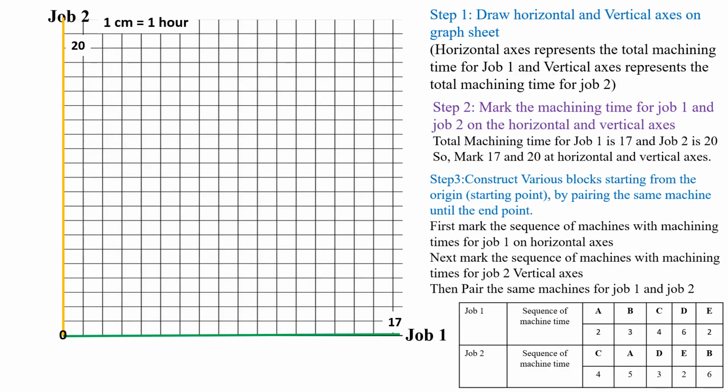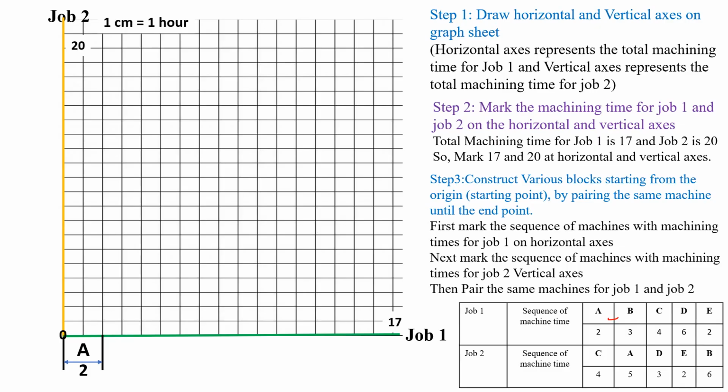First machine is machine A and machining time is 2 hours for job 1. So we mark machine A on the horizontal axis from 0 to 2 centimeters. This represents the machining time for machine A on job 1.